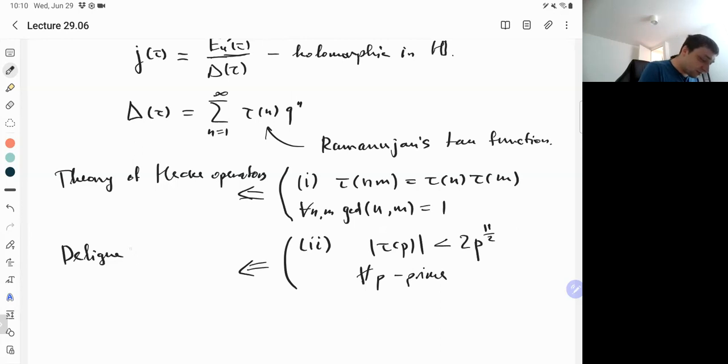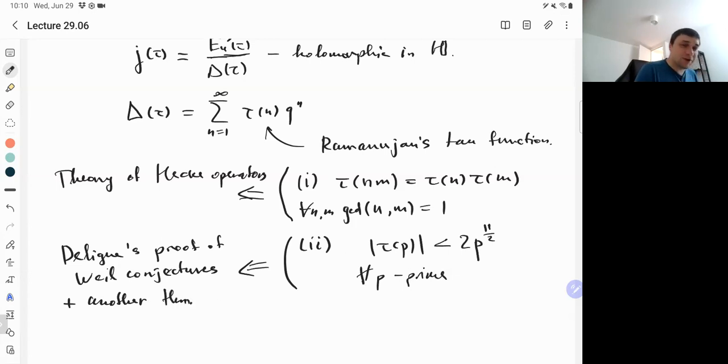It follows from Deligne's proof of the Weil conjectures for arbitrary varieties, plus another result of Deligne, which restates this problem in terms of algebraic geometry. Sometimes people call this result a theorem of Deligne and Deligne.